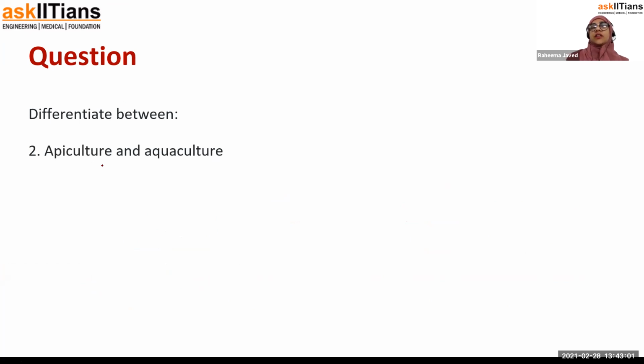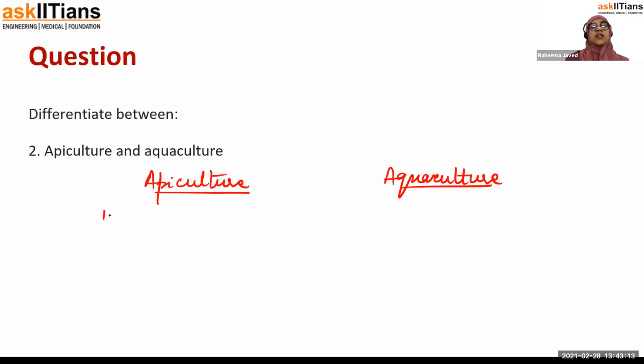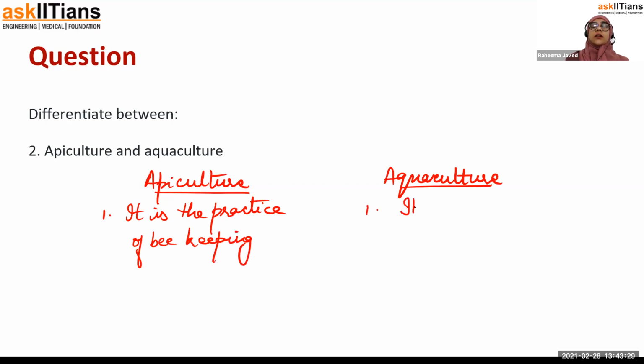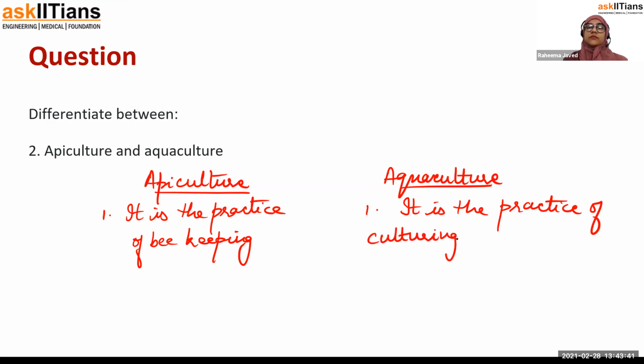Okay. Differentiate between apiculture and aquaculture also. Apiculture is the practice of beekeeping, and aquaculture, on the other hand, is the practice of culturing fish and other aquatic animals.